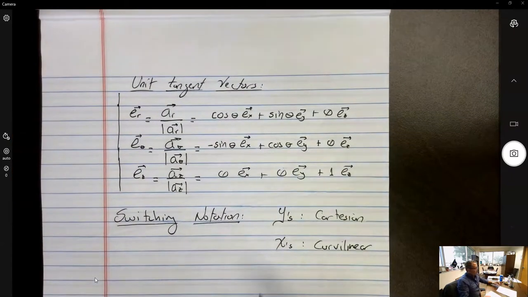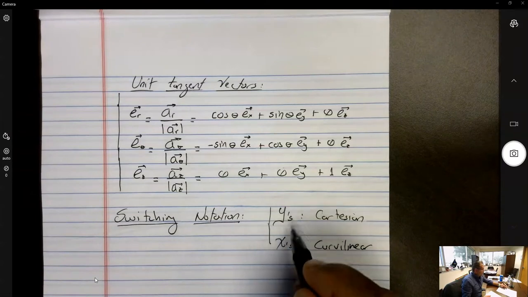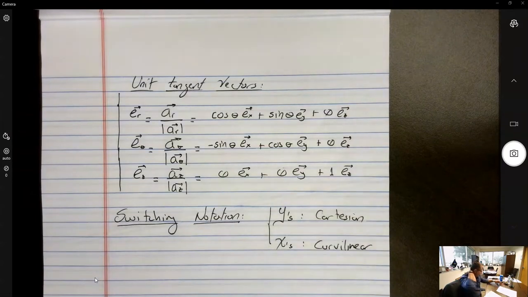What I mean by that is, we're just going to index these letters. Rather than using different letters for the Cartesian coordinate system, namely x, y, and z, we're going to use y1, y2, y3 for the different axes. And instead of using u, v, w for the curvilinear coordinates, in general, we're just going to index x. So we're going to call it x1, x2, x3.